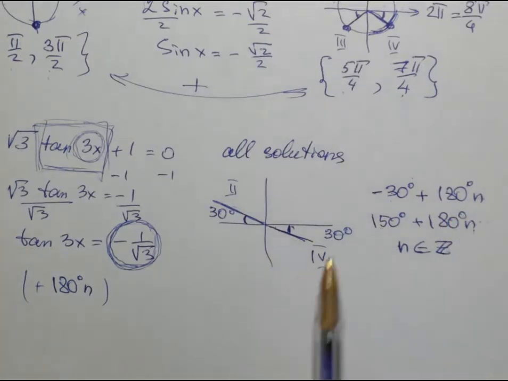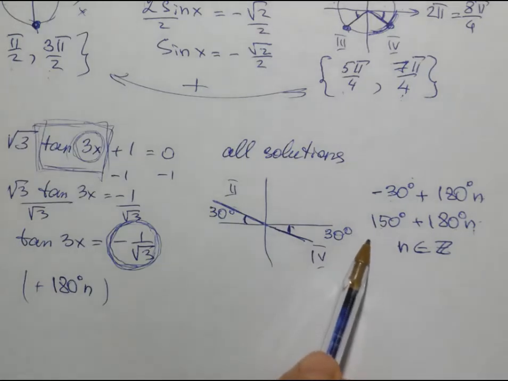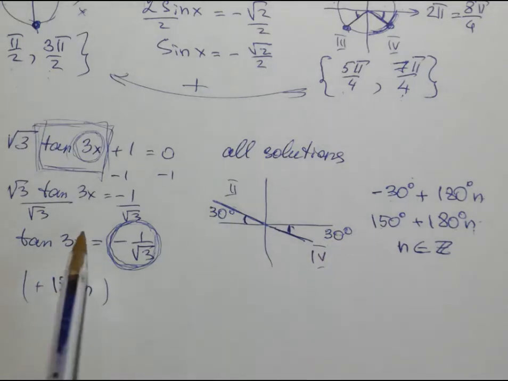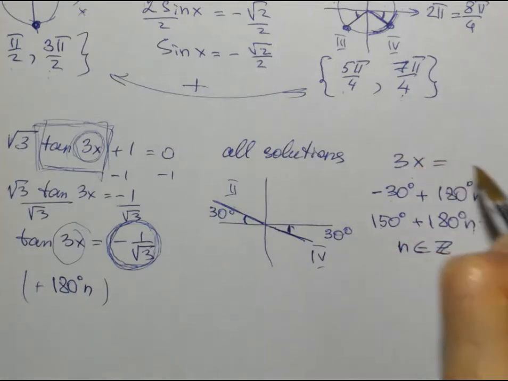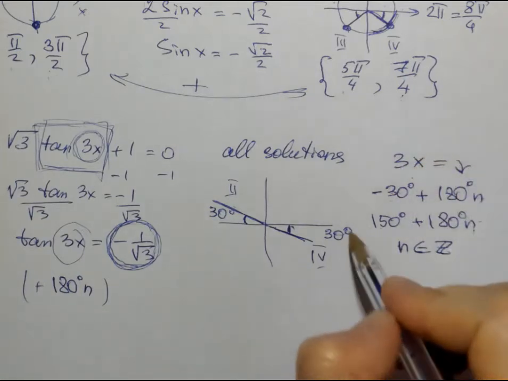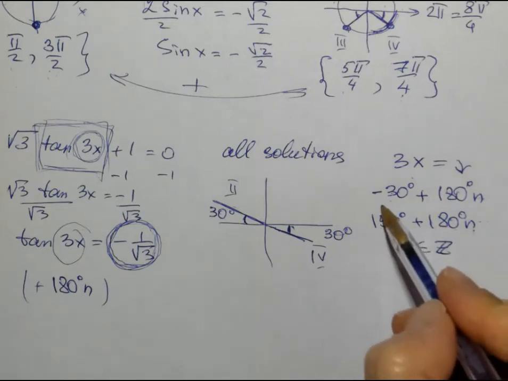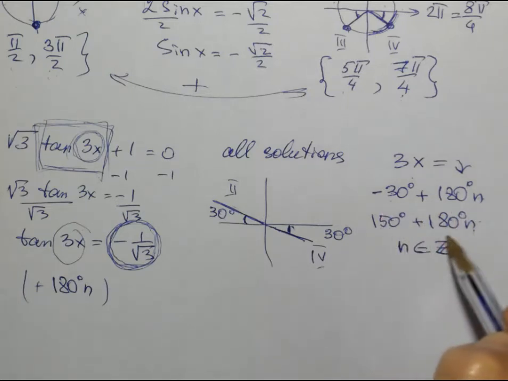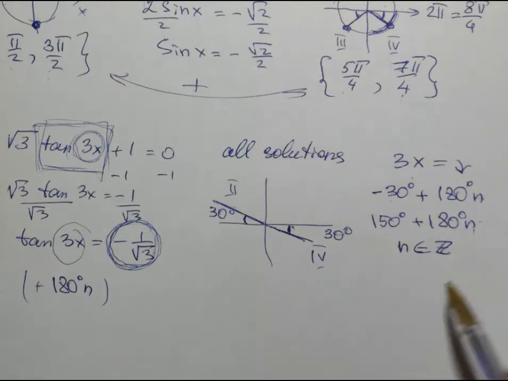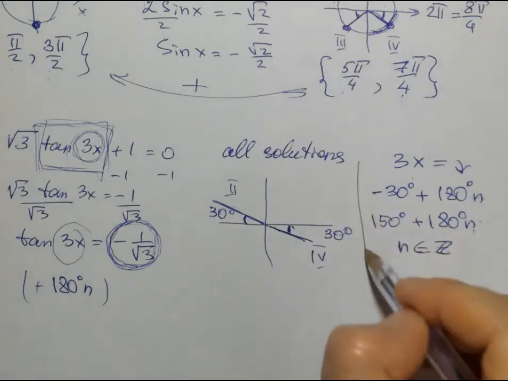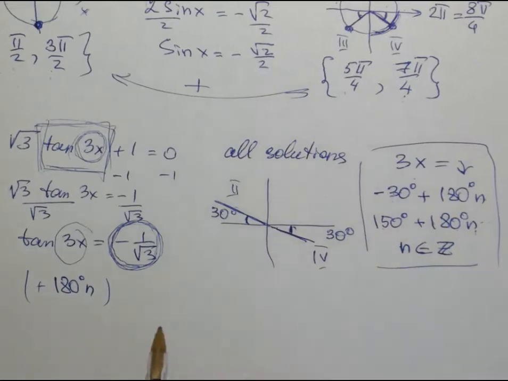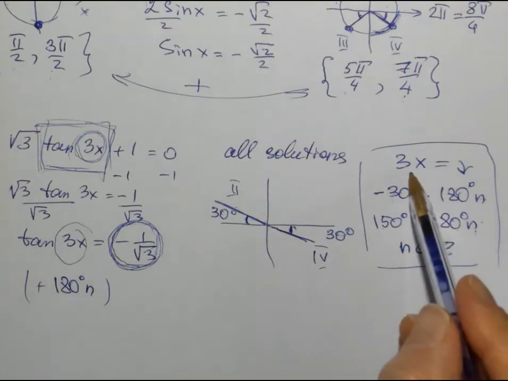Then, another important thing: it's not the solution, it is the value of 3x. So 3x equals either negative 30 plus 180n or 150 plus 180n. It's the same. To find x, we must divide this equation by 3.